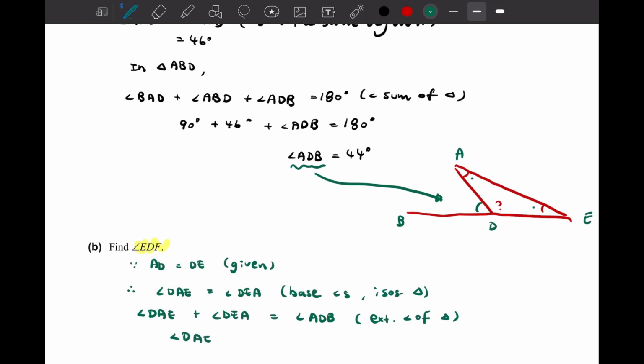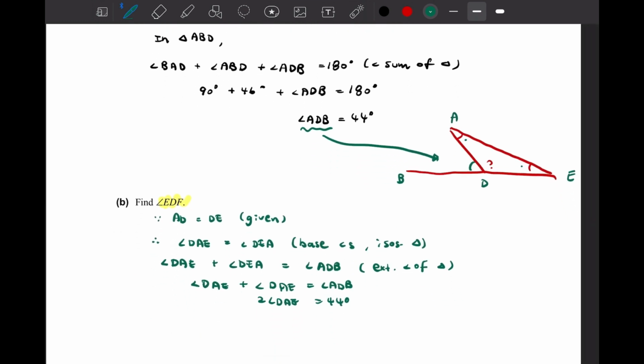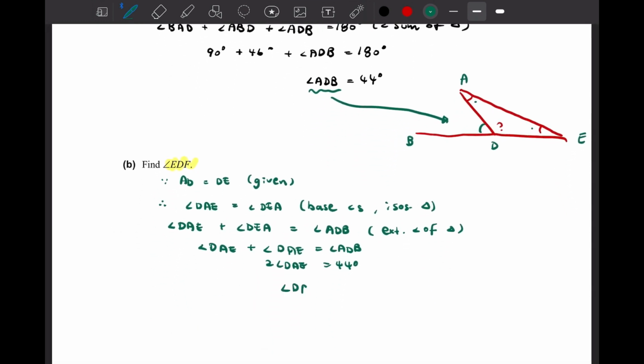And because DAE is the same as DEA, so let's do just 2 DAE. So 2 DAE is actually equal to 44 degrees, which you found in part A. So the angle DAE is 22 degrees.